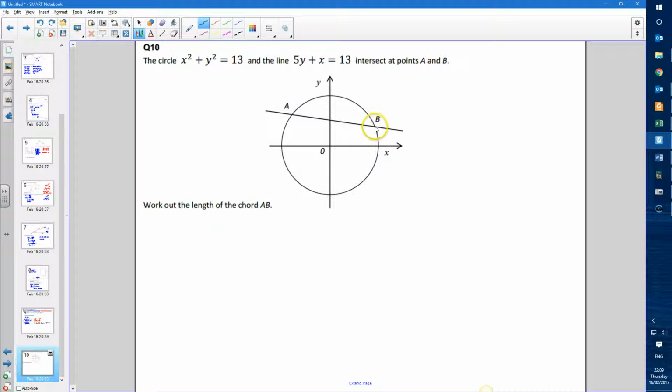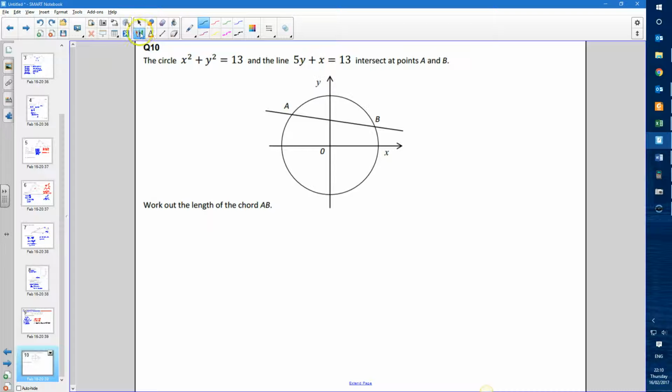The same two things are going to be true at this point here, so we're looking for the two places where both of these equations are true. So we need to solve these equations simultaneously. Because I know x squared plus y squared is equal to 13, and 5y plus x is equal to 13, if I can write this in terms of x, I can substitute that expression into this equation here.